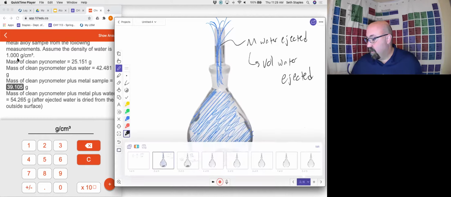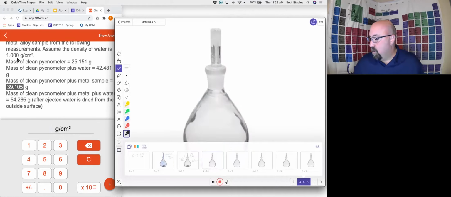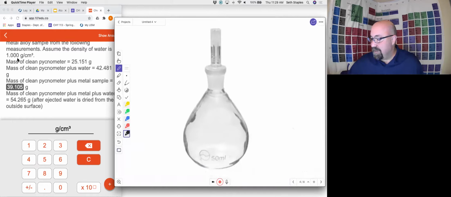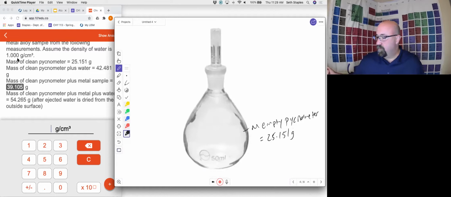We know the mass of the empty pycnometer. So that mass of the empty pycnometer was equal to our 25.151 grams.